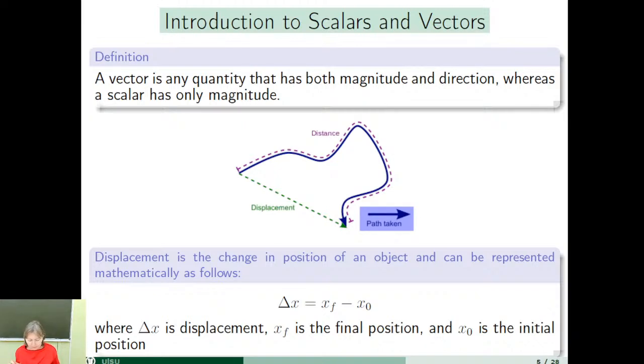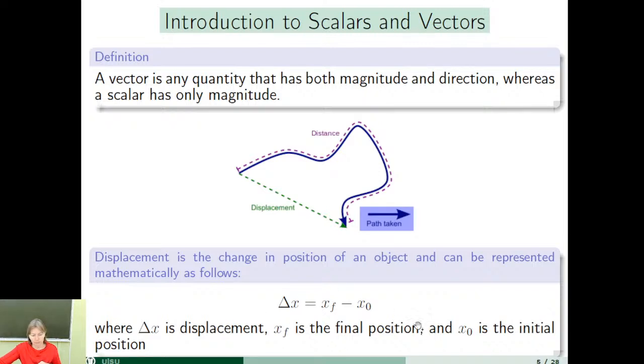The word displacement implies that an object has moved or has been displaced. Displacement is a change in position of an object and can be represented mathematically as follows.